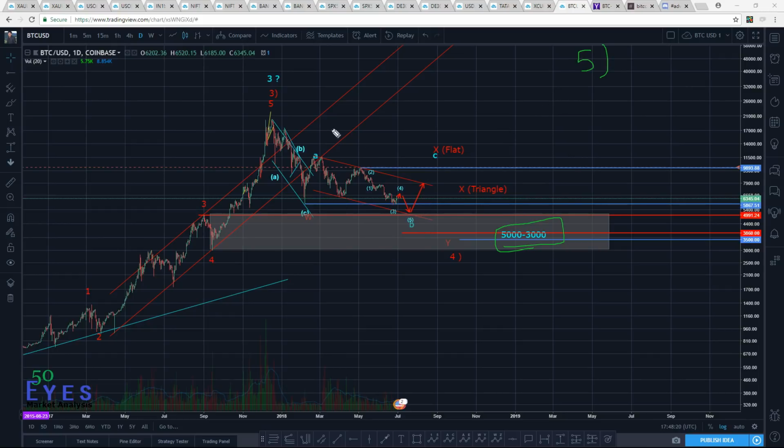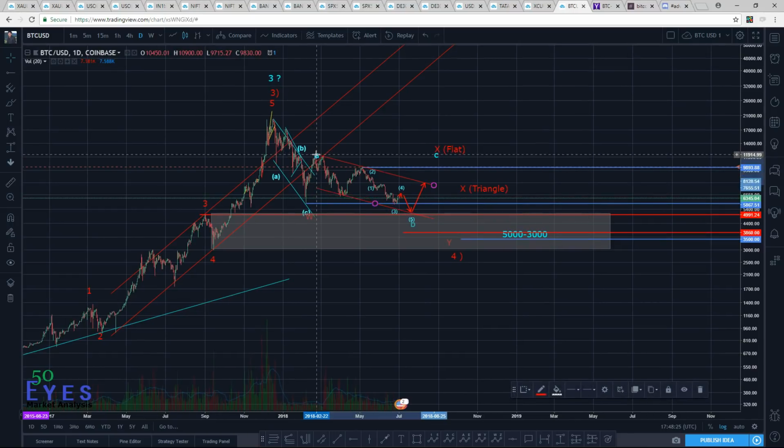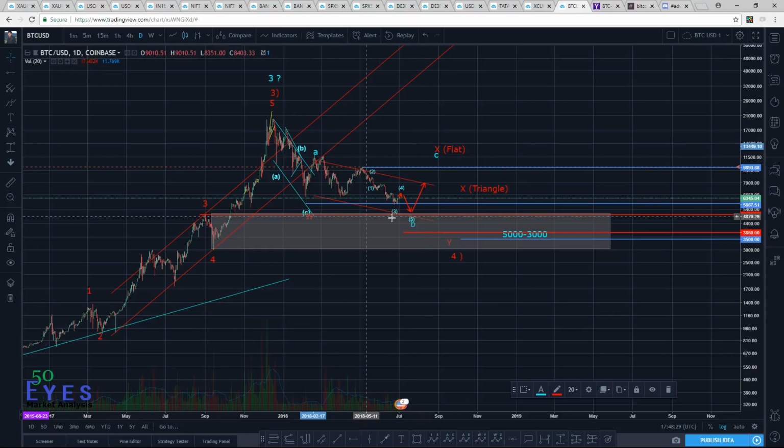And one last thing I'd like to remind you of is that we also had the most bullish scenario, in which we were assuming that this X wave was complete right about here as a sort of zigzag, and if that was the case, then this was definitely the last Y wave going down.